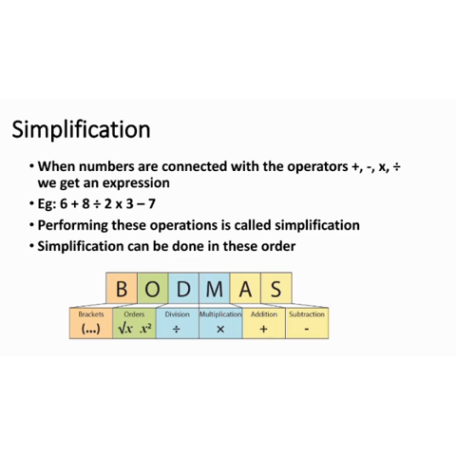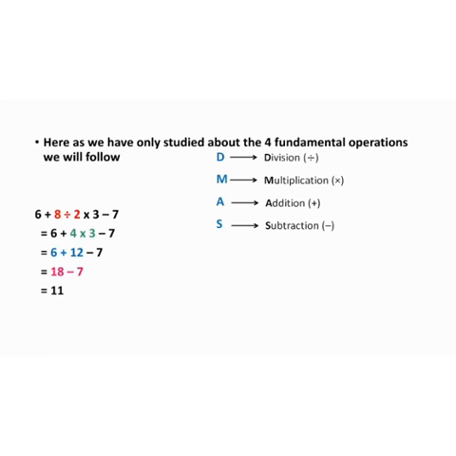First, we'll go for the brackets, then the square roots, exponents and powers, then we'll do the division, then the multiplication, then the addition and subtraction. So, consider the example 6 plus 8 divided by 2 into 3 minus 7. Here, we have to do the division first.